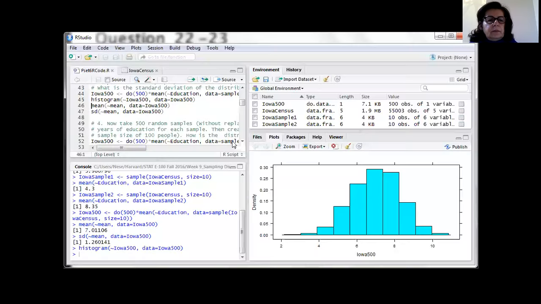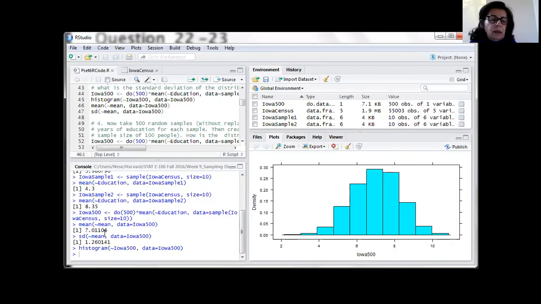In this case, we found 1.26. But if you run this, since your samples are going to include different elements of the population, different people from the population, then your standard deviation might change.